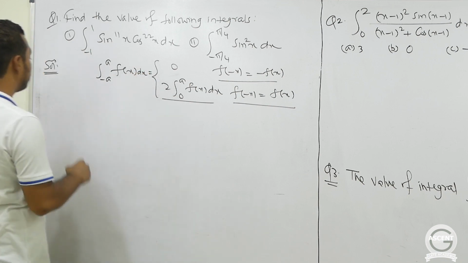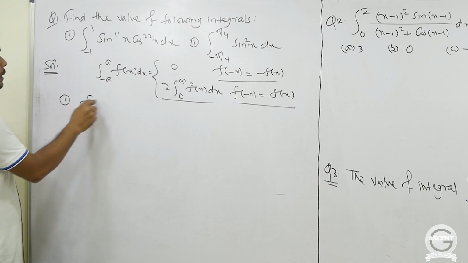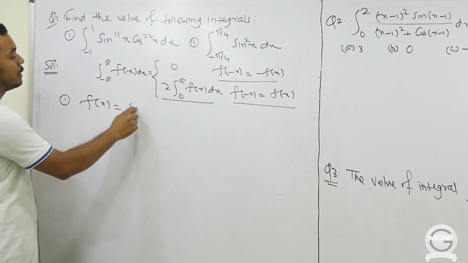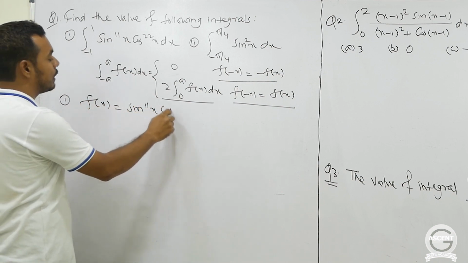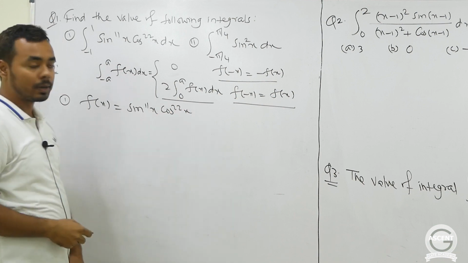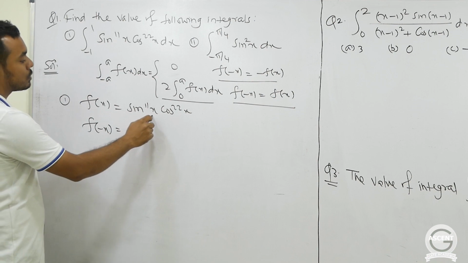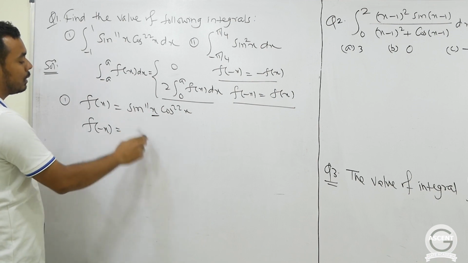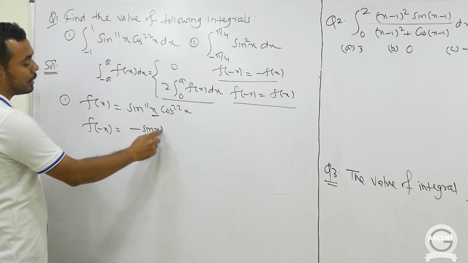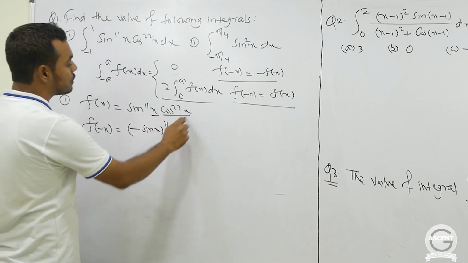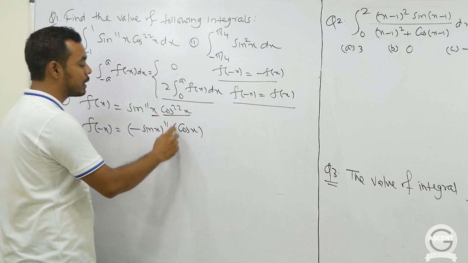So in the first example, you can see that f(x) is sin to the power 11x cos to the power 22x. If I replace x by minus x, I will get sine of minus x, which is nothing but minus sin x, and cos of minus x, which is cos x.